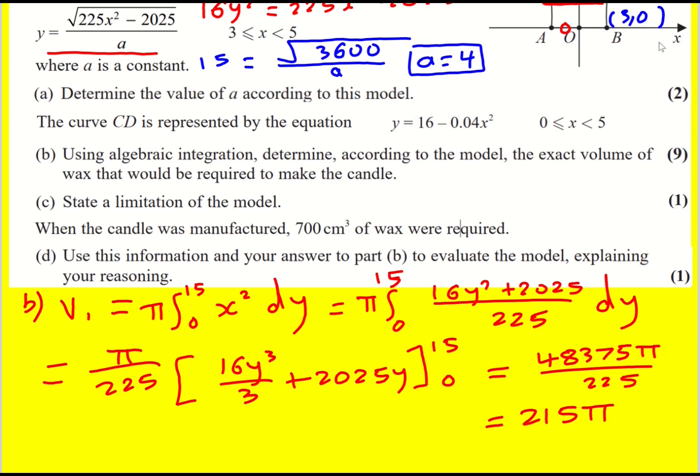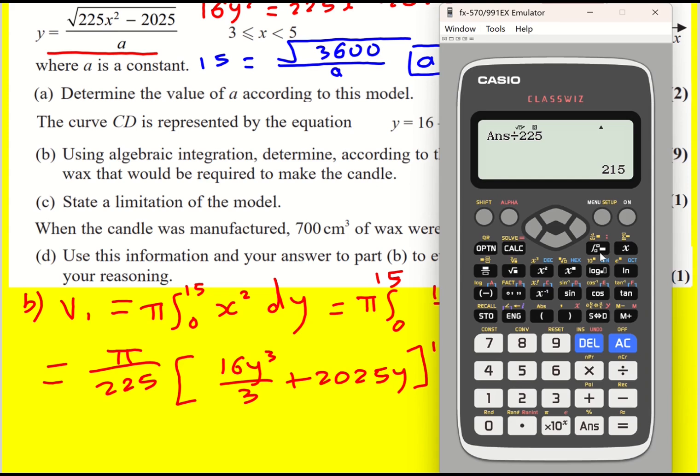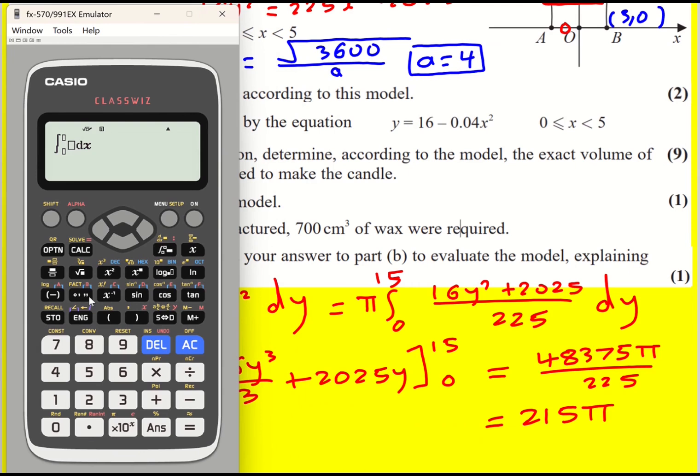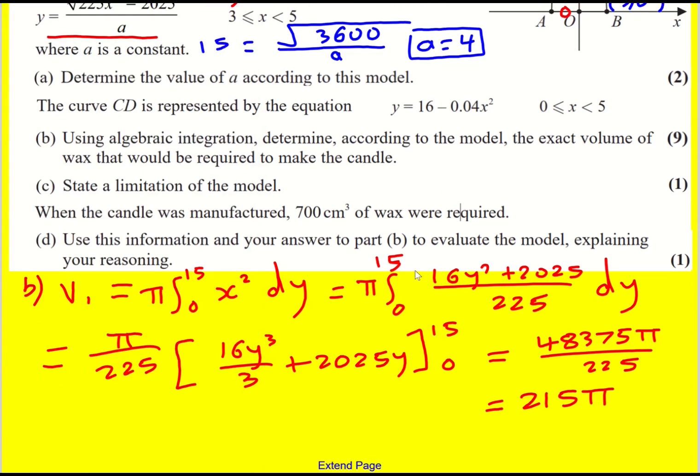I would say in this sort of question, especially for 9 marks, it's expecting detailed reasoning, so show the integral in full, but do also just perform the integral numerically. We have to use x on our calculator, but it's absolutely fine. Remember, I've got the pi in there as well. I just times by it at the end. And we get 215, so we know that's correct.